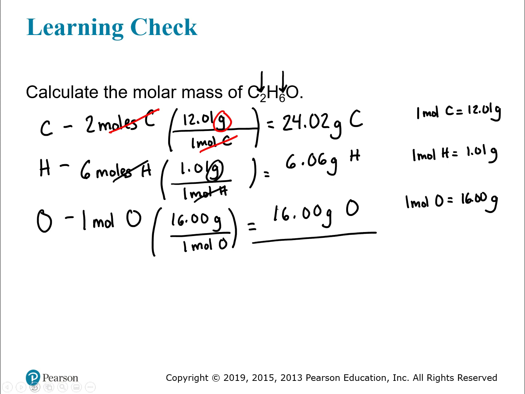Now we have to add it all up because we need the molar mass of the entire molecule. So you figure out the contribution from each element, in this case the carbon, the hydrogen, and the oxygen, and then you add them all up.